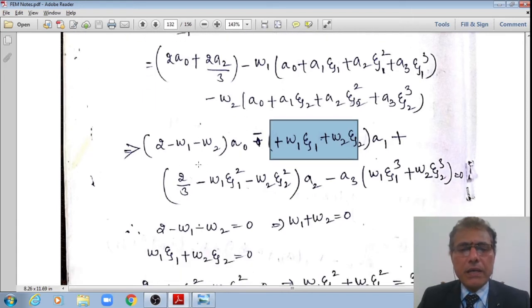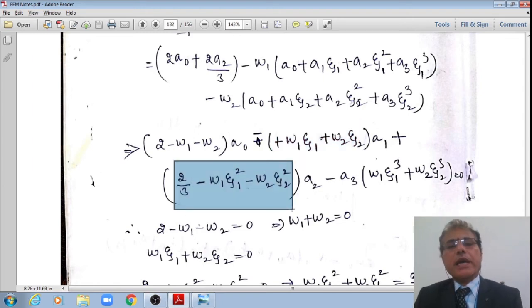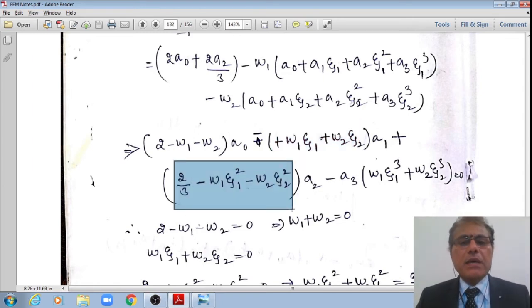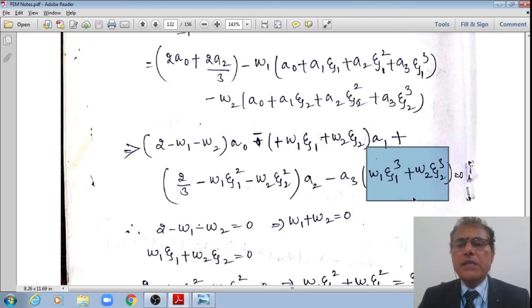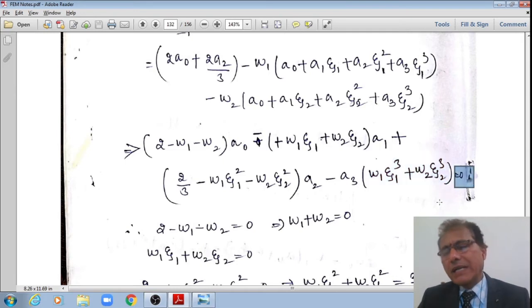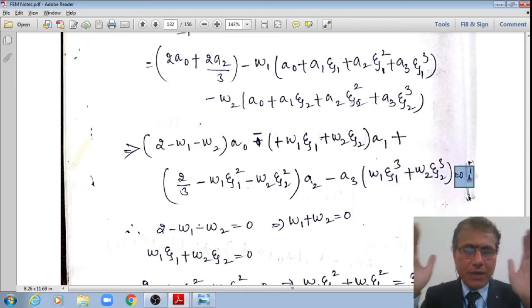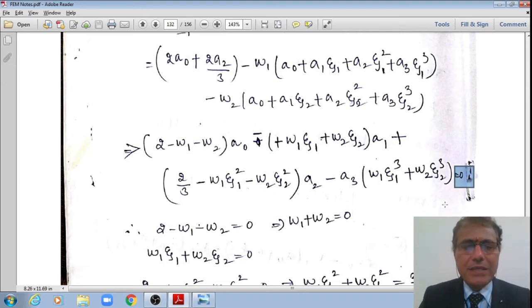Similarly, I'll take the terms with a2 as 2 by 3 minus w1 xi1 square minus w2 xi2 square multiplied by a2, and I'll take the terms with a3 as w1 xi1 cubed plus w2 xi2 cubed, that multiplied by minus a3 must be equal to 0. Right hand side must be equal to 0, students, because I want an exact solution, right?